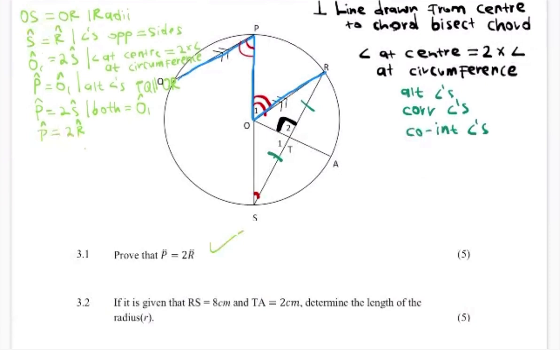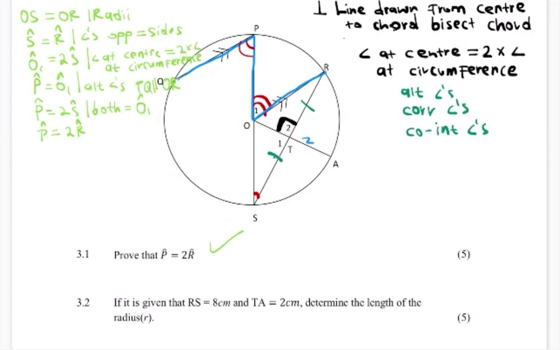It says it is given that RS is equal to 8 centimeters and TA is equal to 2 centimeters. Determine the length of the radius R. So the radius can be OR, OA, or OS. So we are going to calculate one of those radiuses. Now we can put the information that we are given, that RS is equal to 8 centimeters.